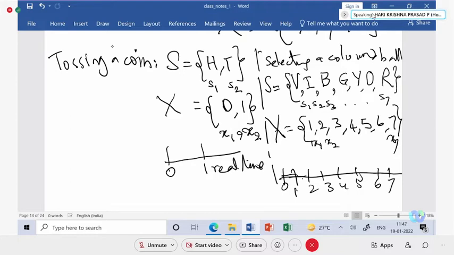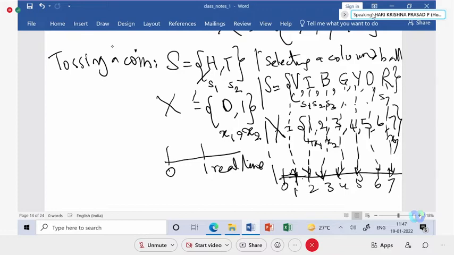Okay. So when you see this figure, V is mapped to 1, I is mapped to 2, P is mapped to 3. Like this, there is a mapping of colors to the numerical value. You got it? In the case of tossing a coin, H is mapped to 0, tail is mapped to 1.